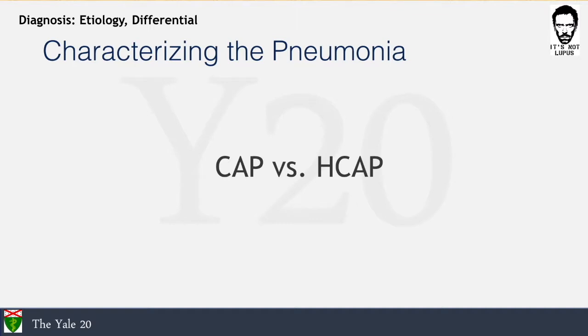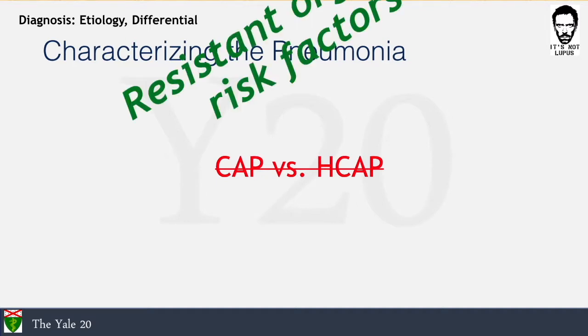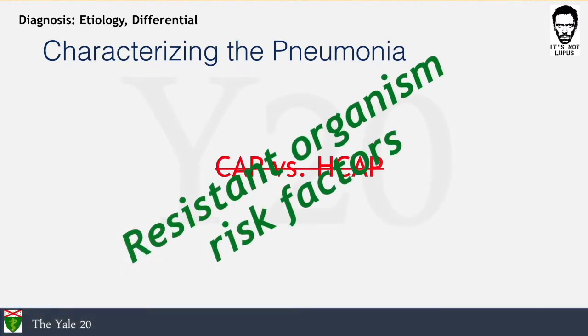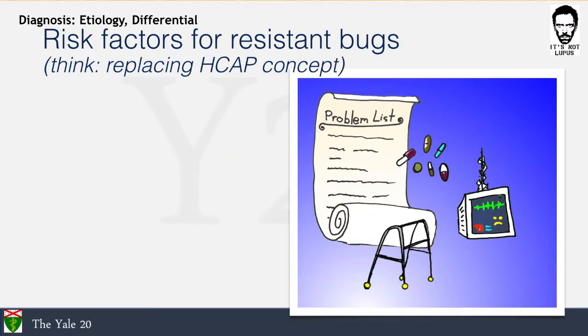There was this entity called HCAP, which is healthcare-associated pneumonia. However, recent guidelines from the IDSA and other organizations seem to be shifting away from this general HCAP term and instead just talking about resistant organism risk factors, which will sort of get at the same thing. So what are those risk factors for resistant bugs?